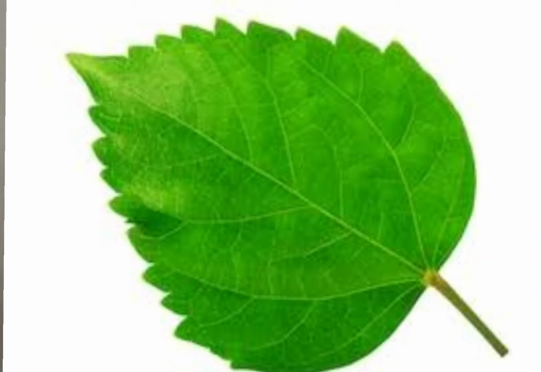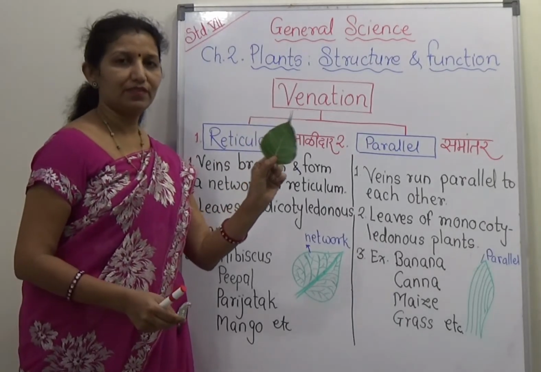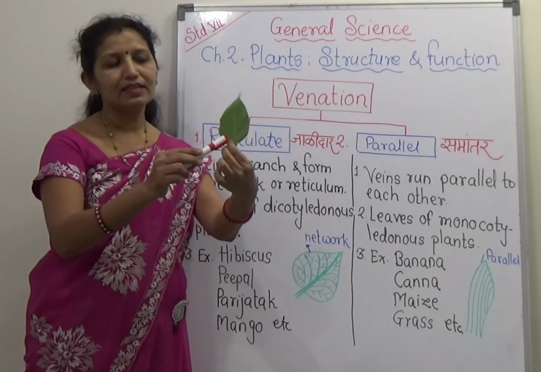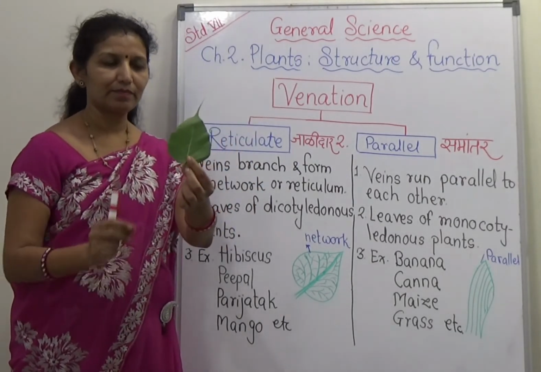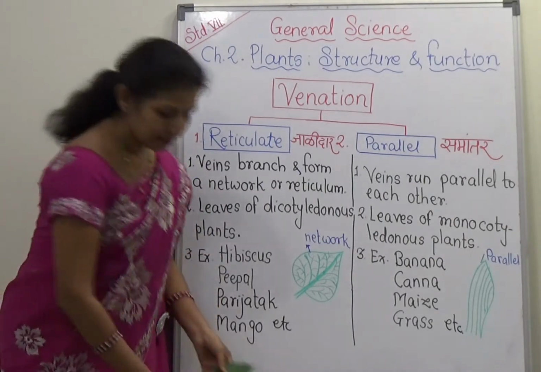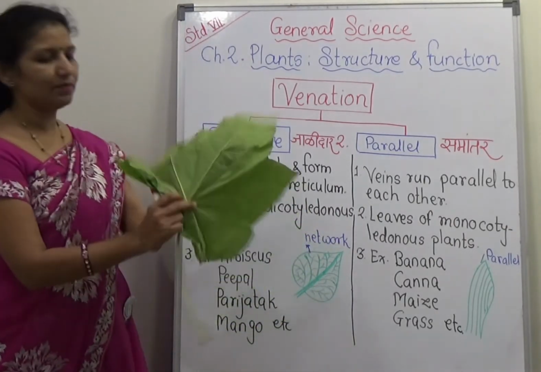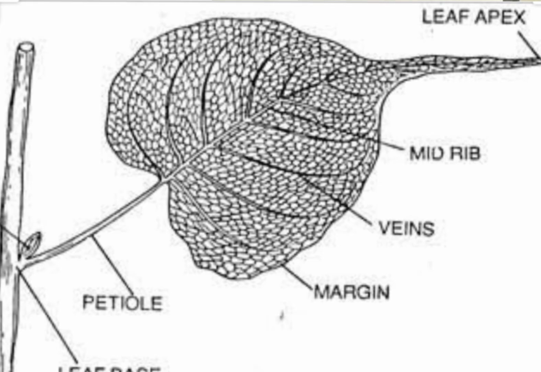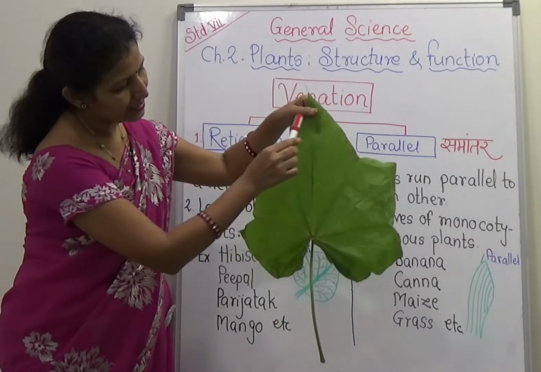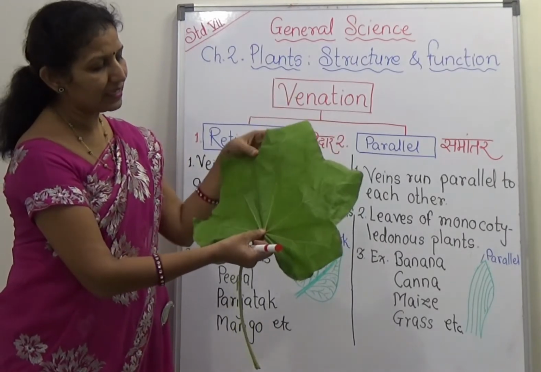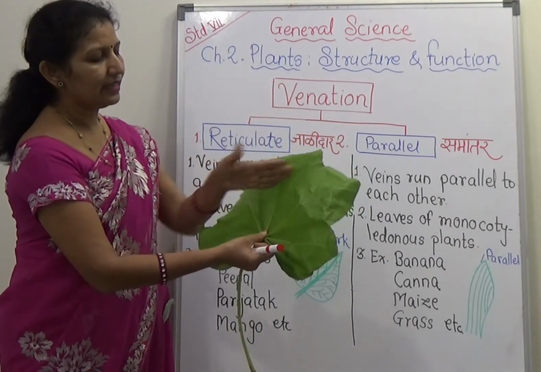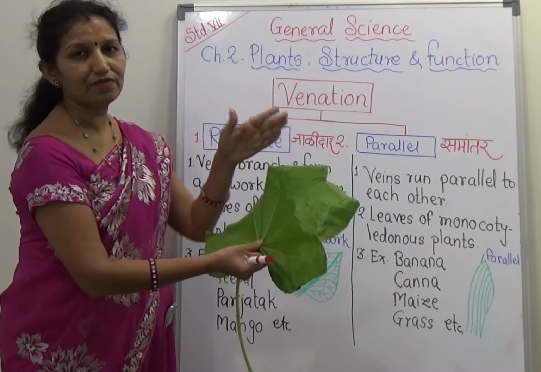See, in this peepal leaf, you can see there is a central mid vein or midrib, and you can see that midrib here prominently in maple leaf also. See, this is the central vein, and from that central vein there are some branches of veins.